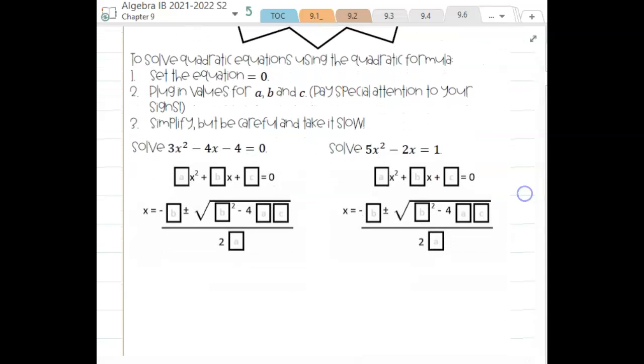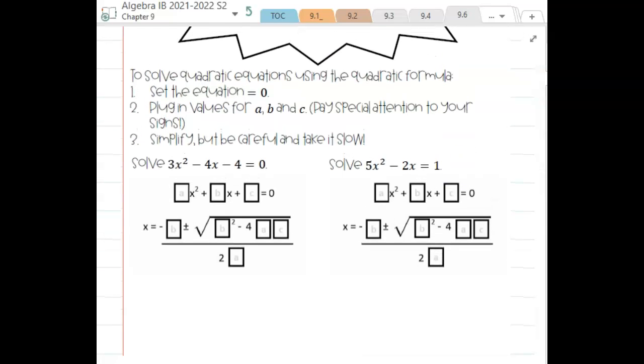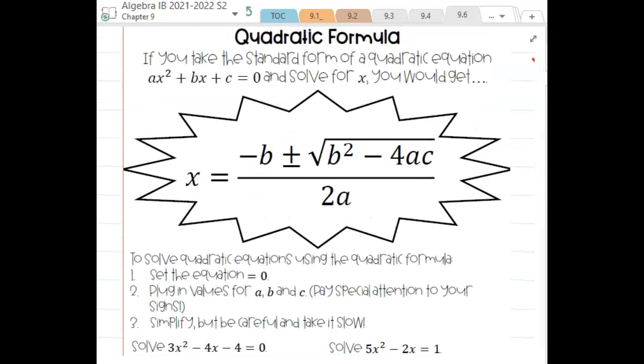So to solve a quadratic equation using the quadratic formula, the first thing that's very, very important is the equation has to be set equal to 0. Because what we're going to do next is we're going to figure out what a, b, and c are. A is the number in front of your x squared, b is the number in front of your x term, and c is that constant.